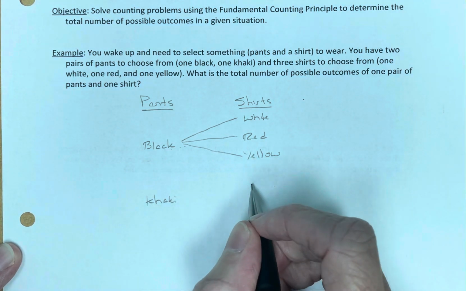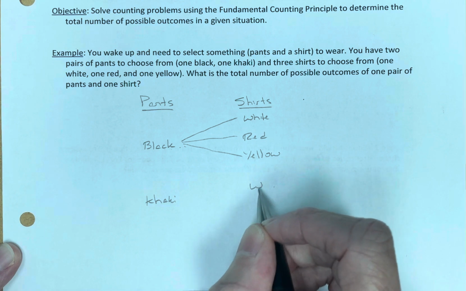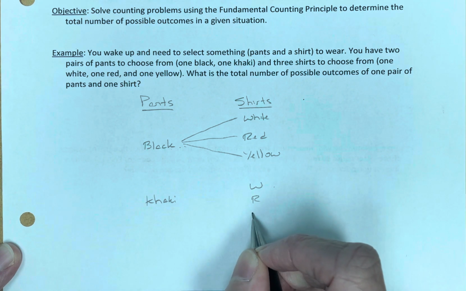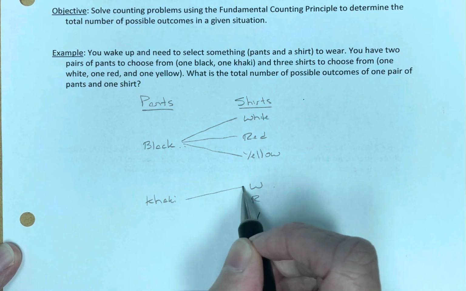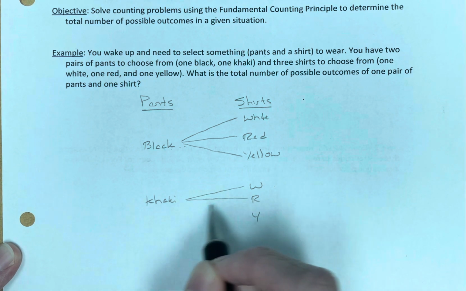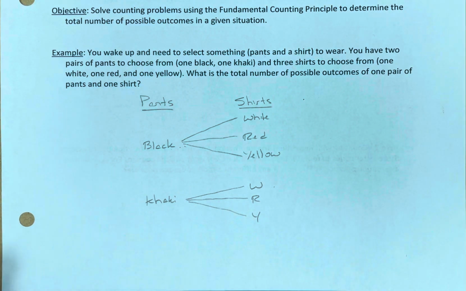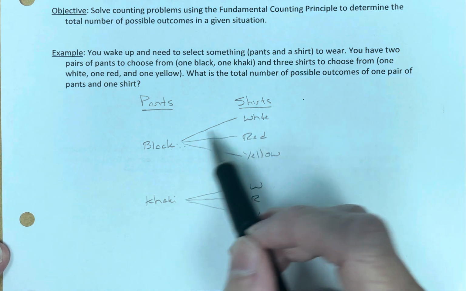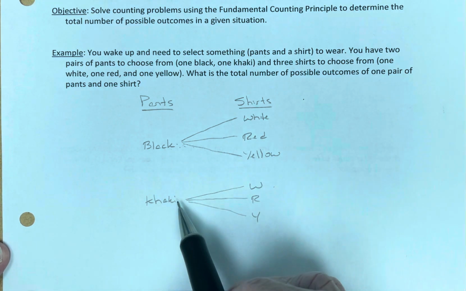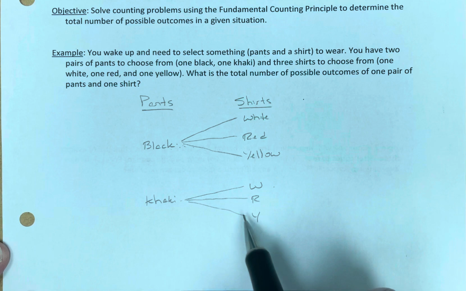And they also go with the khaki pants. So white, red, and yellow. And you can choose khaki white, khaki red, or khaki yellow. So as you see here, there are 6 possibilities, 6 total possible outcomes. Black white, black red, black yellow, khaki white, khaki red, khaki yellow.